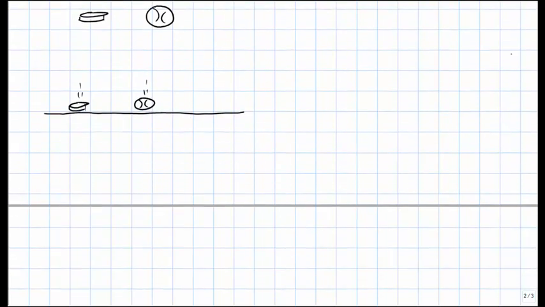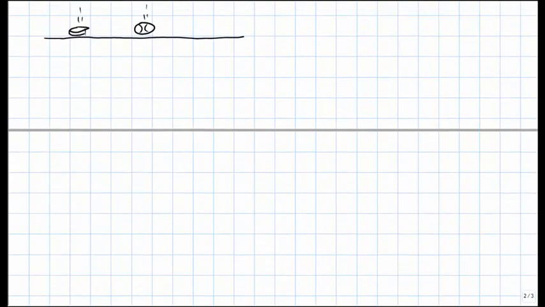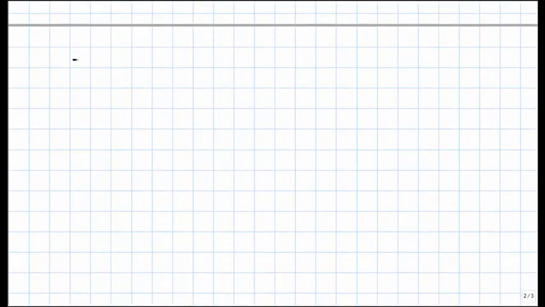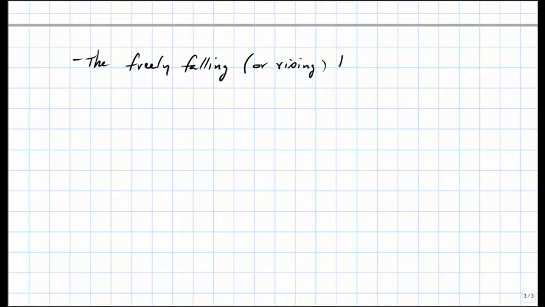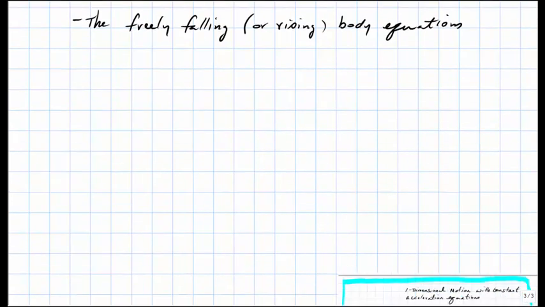We will now introduce the freely falling or rising body equations. And in order to derive these equations, we just need to observe that a freely falling or rising body is just an object moving in one dimension.